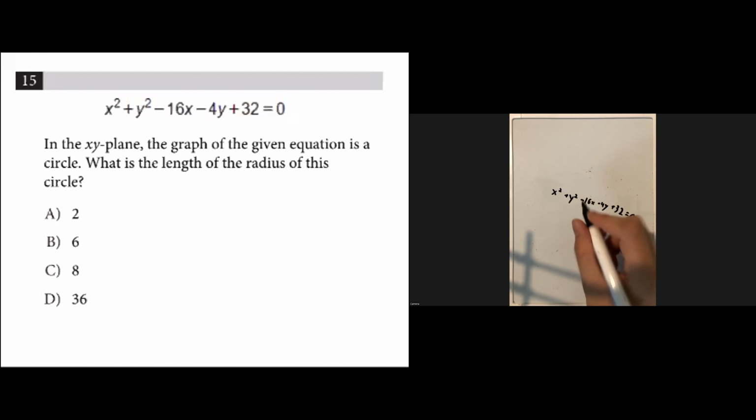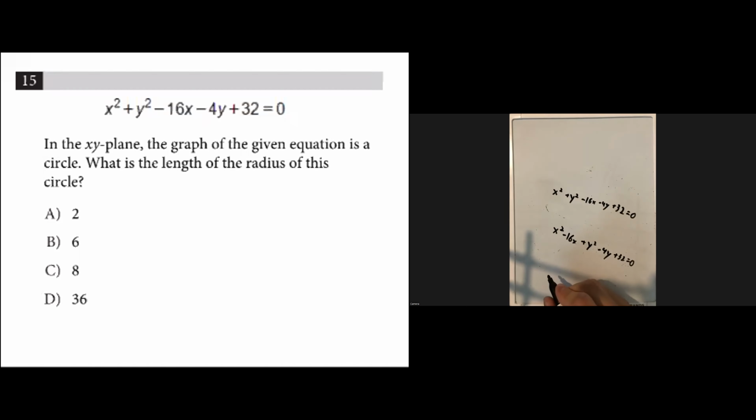So what I like to do is we have x squared minus 16x plus y squared minus 4y plus 32 equals 0. And then now we'd have to get rid of this or multiply it out into this form, x plus something and x plus something.